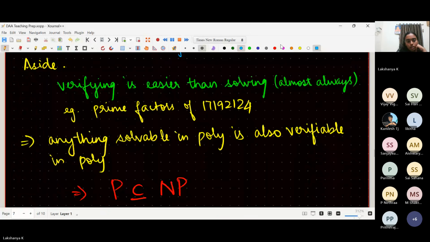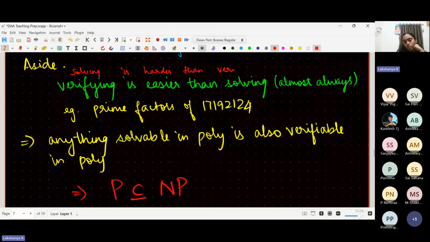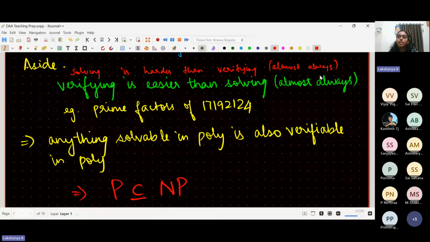So solving is harder than verifying. Again, almost always, not necessarily always. So anything that is solvable in polynomial time is definitely verifiable in polynomial time. If you can find the solution itself in, let's say, n square, you're not going to take n factorial to verify the solution.